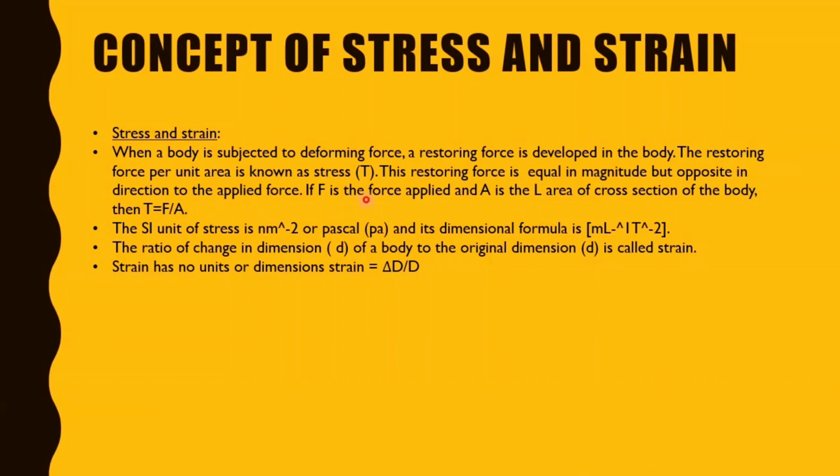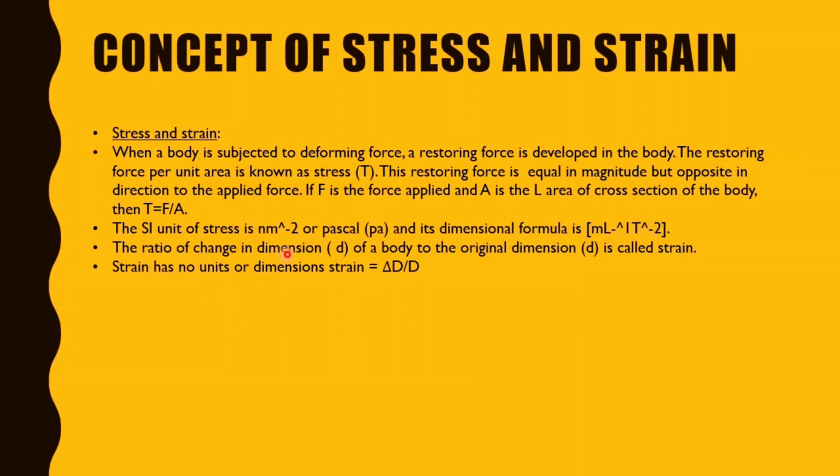If F is the force applied and A is the area of cross section of the body, then stress is equal to F by A. This is the formula for stress, that is force by cross section. The SI unit of stress is Nm to the power minus 2, or simply Pascal, and its dimensional formula is ML to the power minus 1 T to the power minus 2.